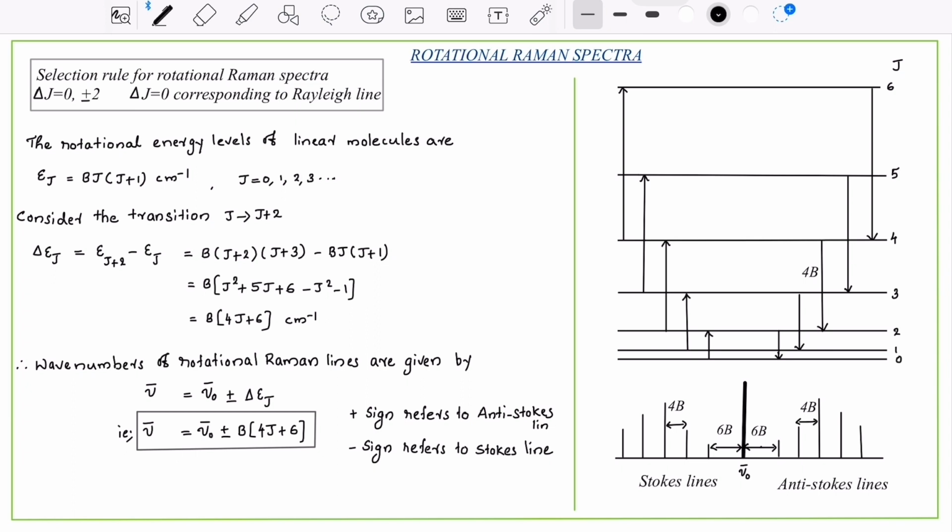From the figure we can see that the separation between the unmodified line and the first Stokes line is 6B.